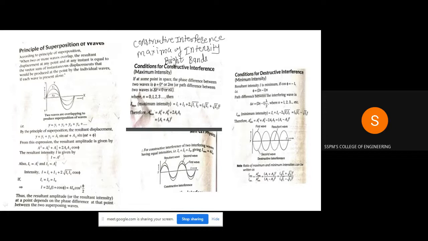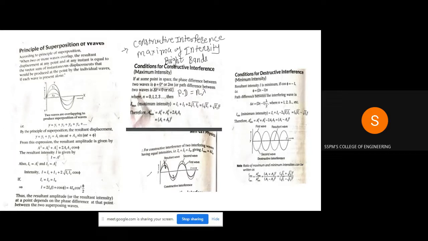You should follow the condition of constructive interference, that is path difference equals n lambda. What is the condition? Simply, path difference equals n lambda. It means that two waves are supposed to interfere. You see here, when this wave superimposes on another wave, at this location you will get maxima of intensity.